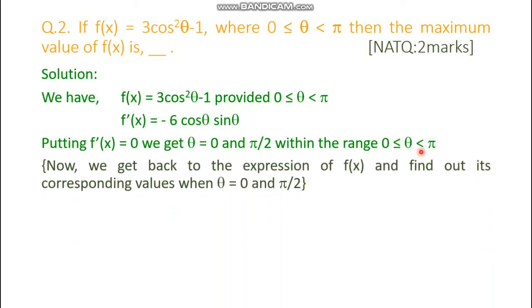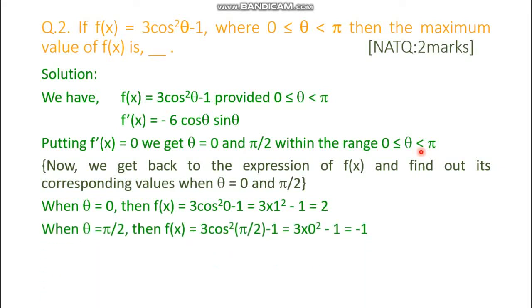Now we get back to the expression of f(x) and find its corresponding values when θ = 0 and π/2. When θ = 0, then f(x) = 3 cos² 0 − 1, that is plus 2. And when θ = π/2, then f(x) = 3 cos²(π/2) − 1, which is equal to −1.